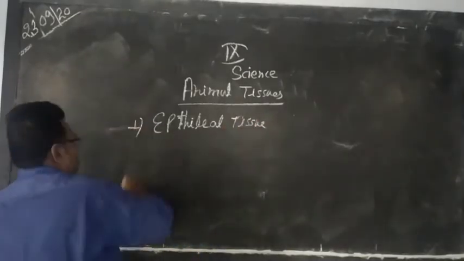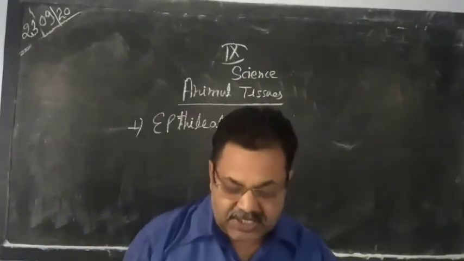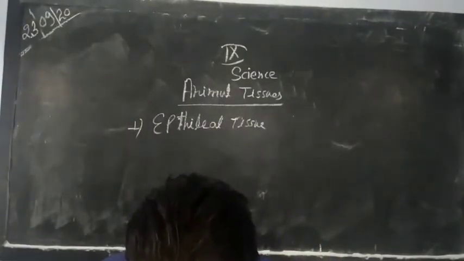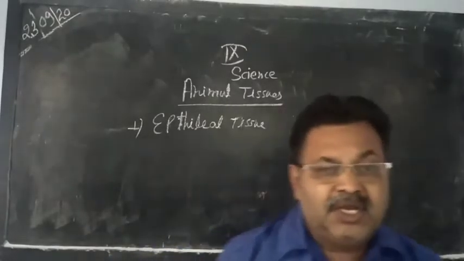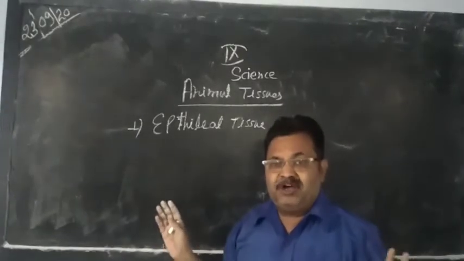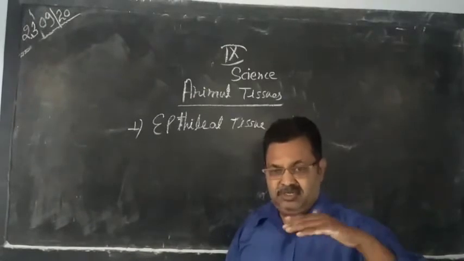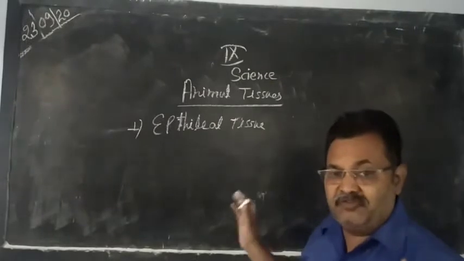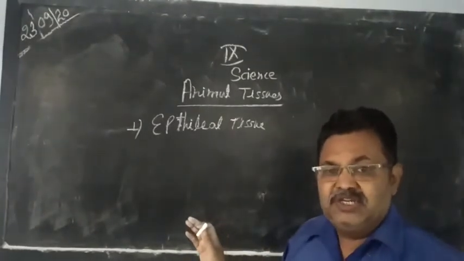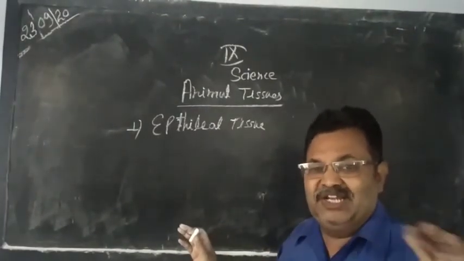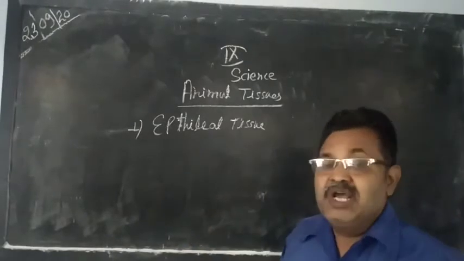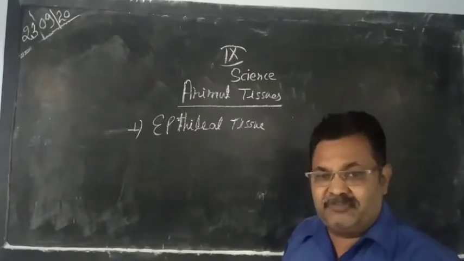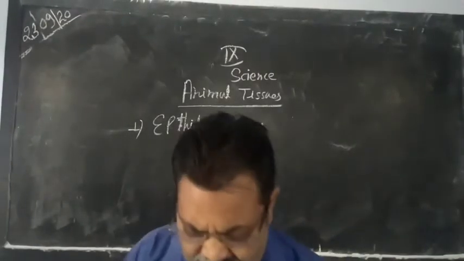So the first animal tissue is epithelial tissue. Epithelial tissue is made up of cells which make the outer covering of the organ. So it is the protecting layer, the outermost covering of the organ.